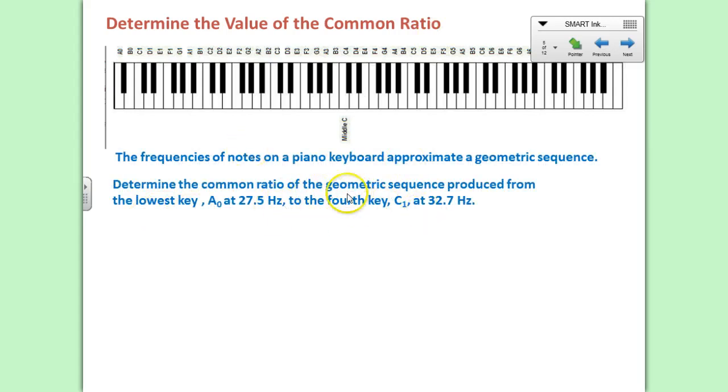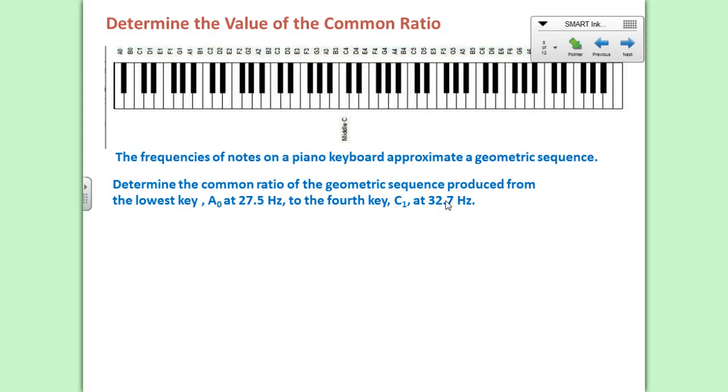Cool. Determine the common ratio of the geometric sequence produced by the lowest key A at 27.5 hertz, and I don't know if you've heard of that word before, but you'll see that again in Math 30-1 when we talk about trig functions, and to the fourth key of C1 at 32.7 hertz.